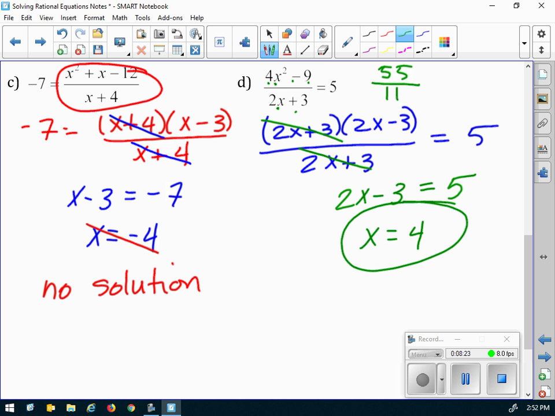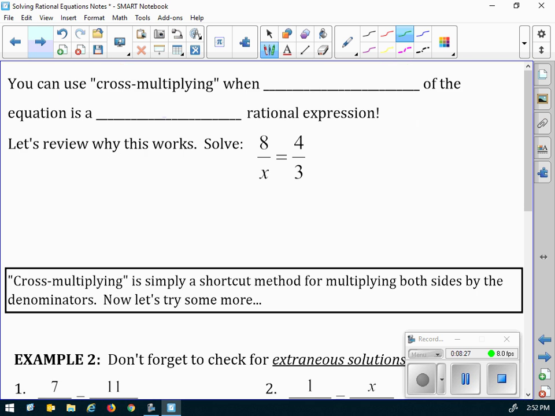Good. You can use cross multiplying when each side of the equation is a single rational expression.